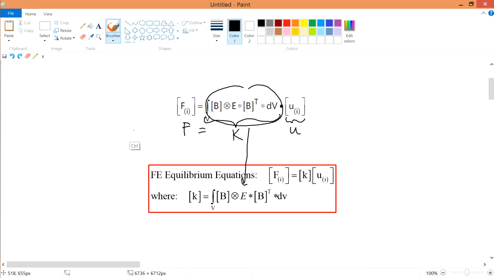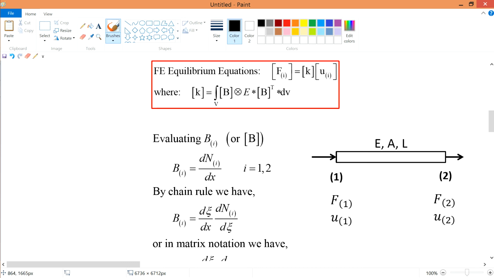Our purpose mainly in this video is to prove to you that this K is EA over L. If you still remember, this B matrix is in terms of B1 and B2, or you can just say Bi. Your Bi over here is simply your strain displacement matrix, the changes of your geometry shape functions across a certain dx, telling you that you have changed the shapes.